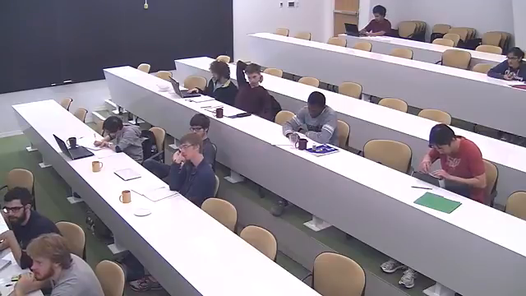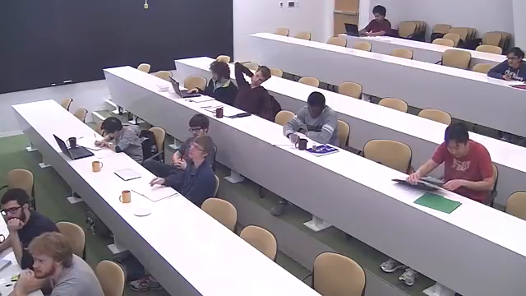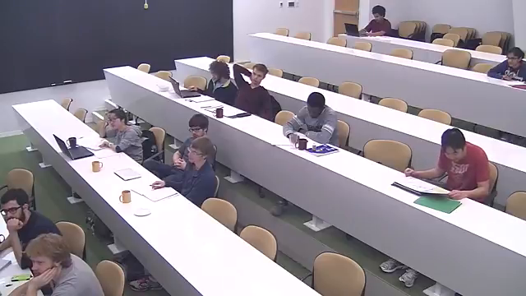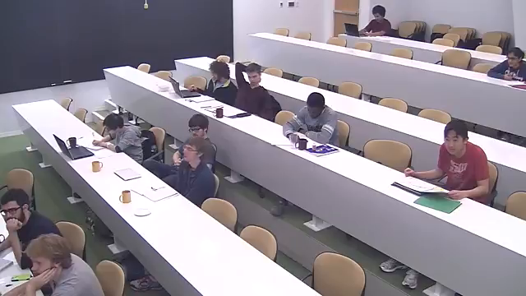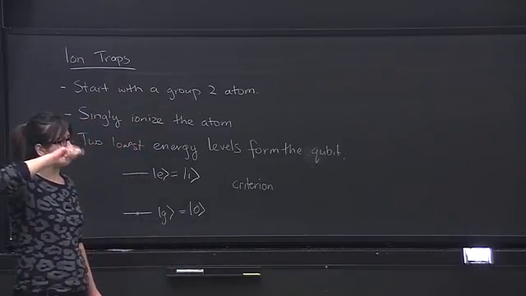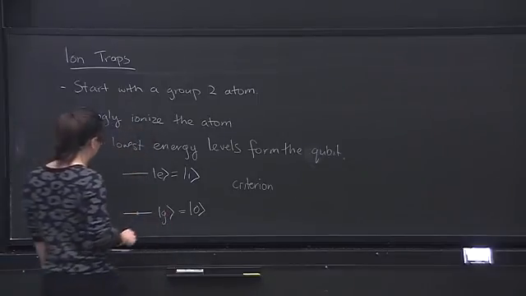But let me just try and remember my atomic physics. I don't think you can transition between 2 different s orbitals, right? So I think it's going to be an s to a p. But let me double check that and get back to you.